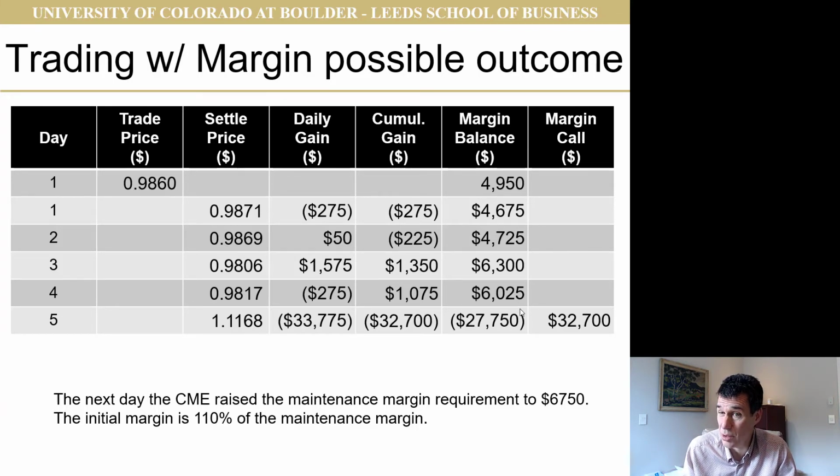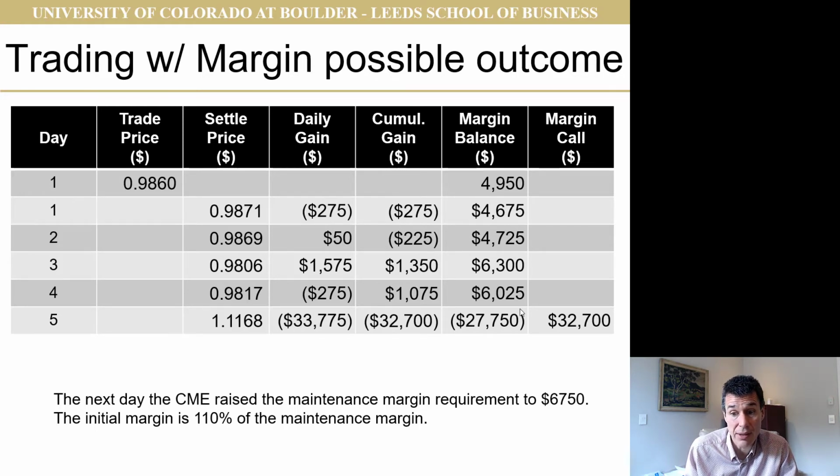So the investor could go bankrupt under these circumstances. Now, there are two things the investor could do. First, the investor could pay their broker $32,700. And if they pay their broker $32,700, then that day they will be able to maintain their position.